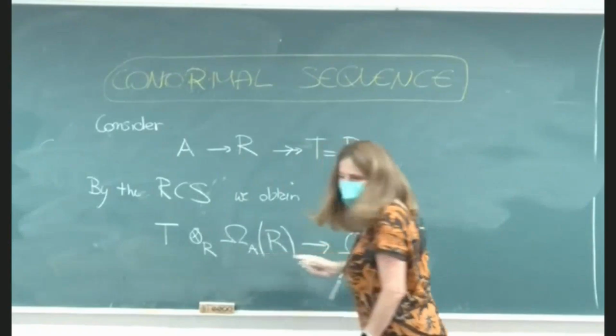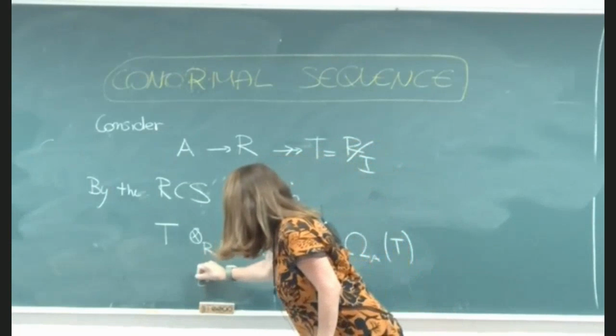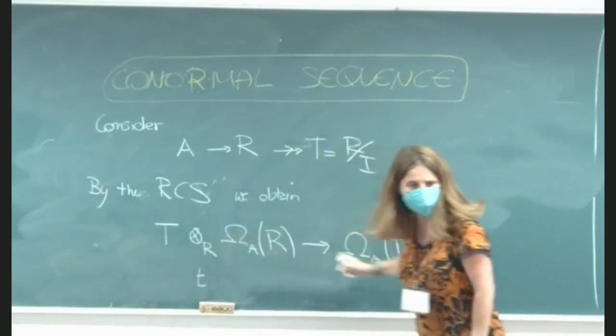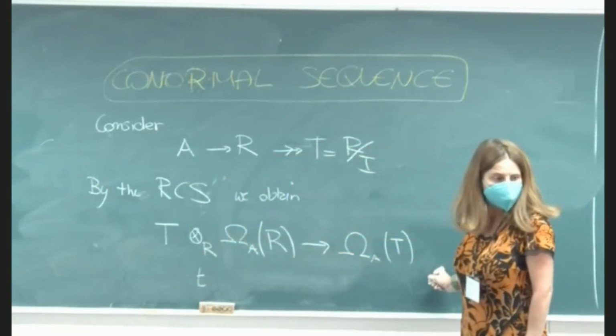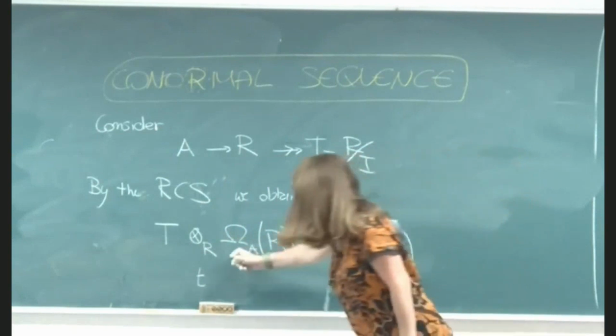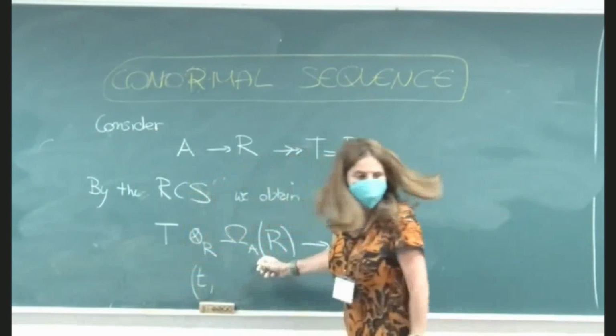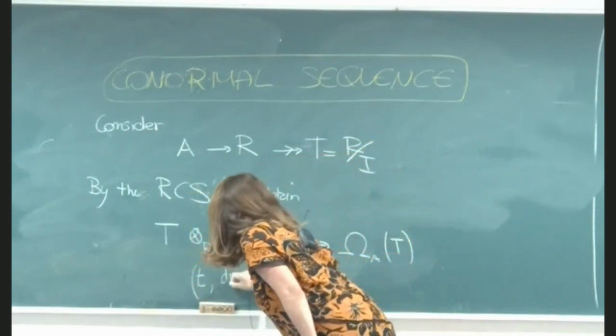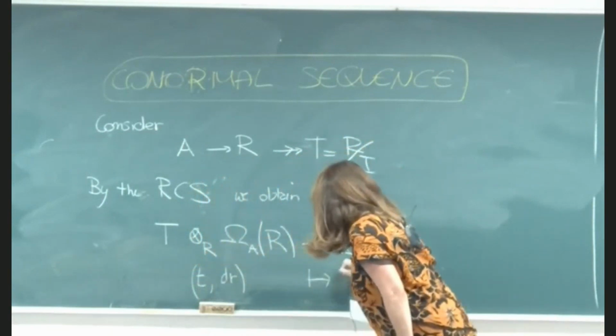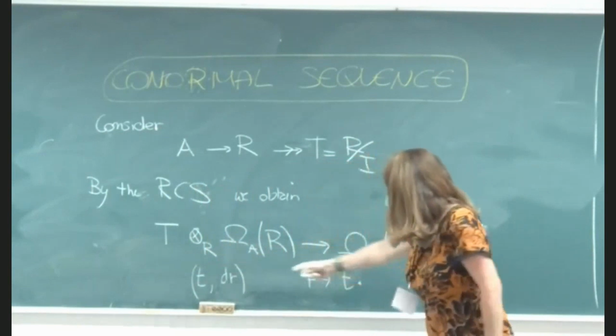And remember how this map is defined. It's just given by the multiplication and the way this goes to this, with the psi. Remember? So I take an element here and an element here, which I can always write as a differential. So let me write it as dr. And where does it go? It goes in T, and then the image.